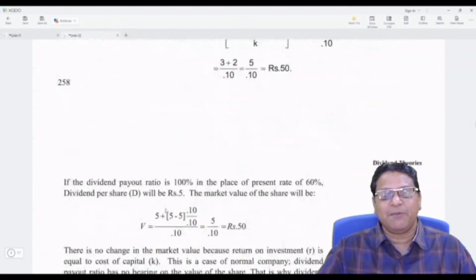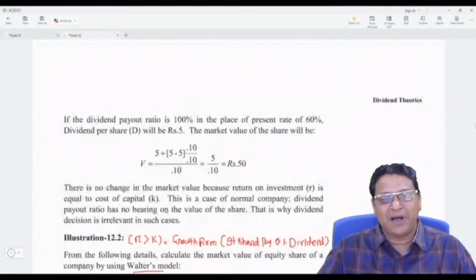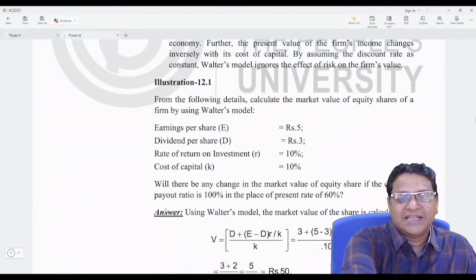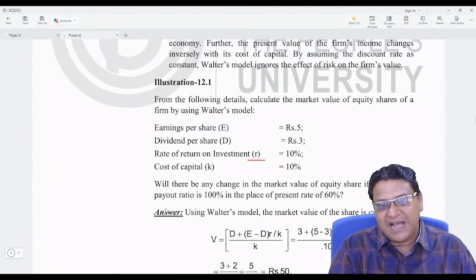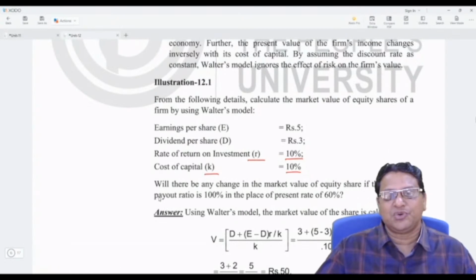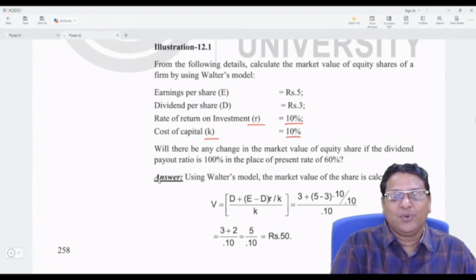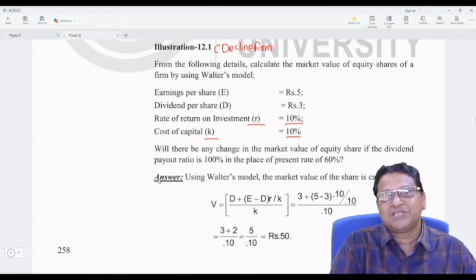So let's take an example of how the value changes in case of a decline firm. Illustration 12.1. In this case, the return on investment R is 10% and cost of capital is 10%. We know that in case of decline firm, the best payout ratio should be 100%.